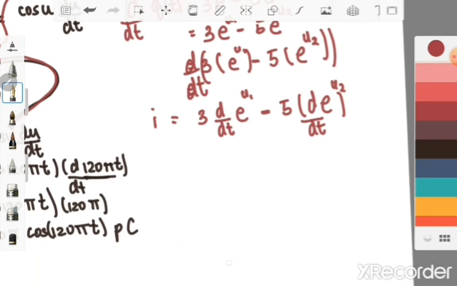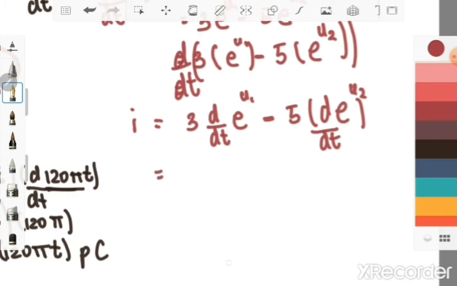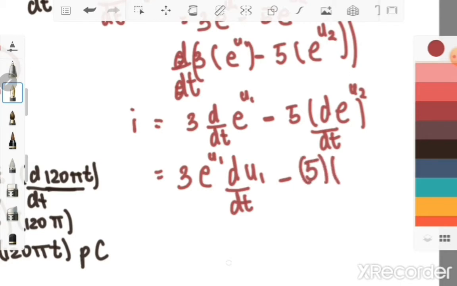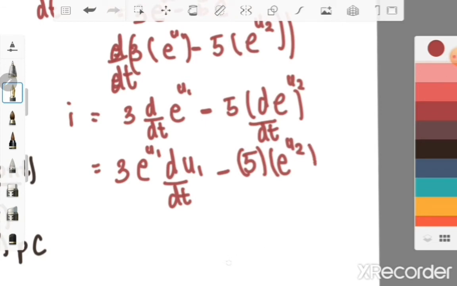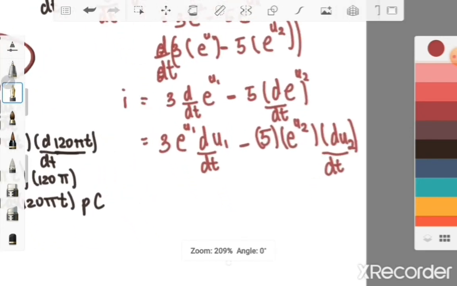So therefore, it is equal to 3 times the derivative of e^(u1) is equal to 3e^(u1) times the derivative of u1 with respect to dt minus 5 times e^(u2) multiplied by the derivative of u2 with respect to dt. Okay? Your u1 is equal to negative t and u2 is equal to negative 2t.